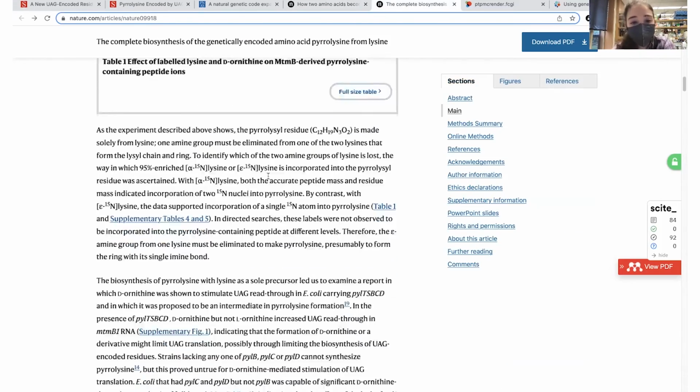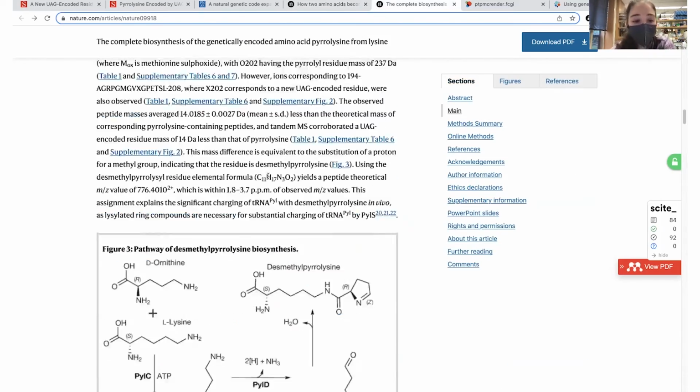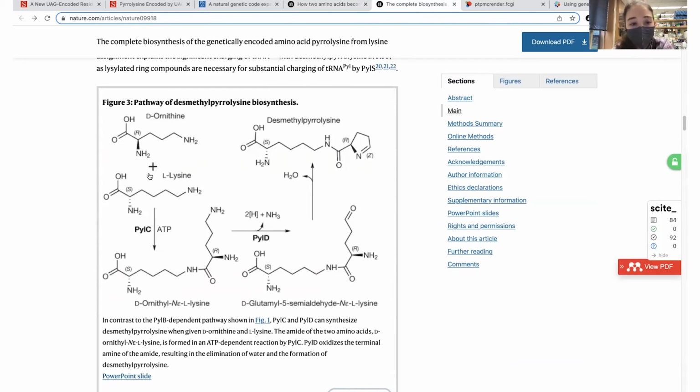They also showed that ornithine can be used to make an altered form of pyrrolysine, this version without the methyl group.